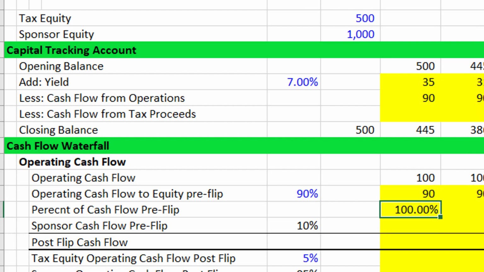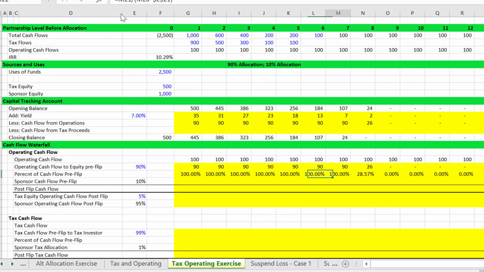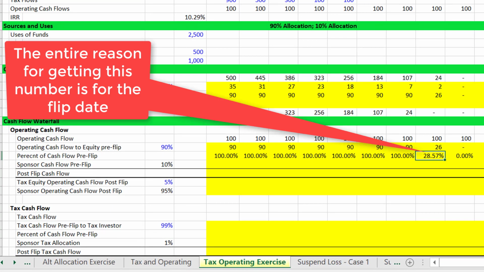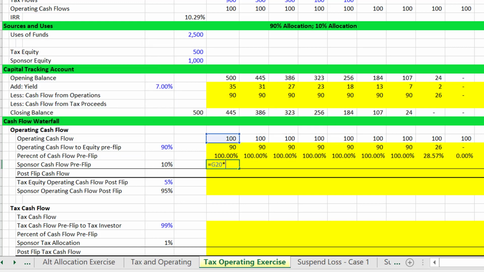Okay? And that gives us a percentage. So in this percentage, only 28% of this period was the pre-flip year. You can do this with any kind of thing. This has so far nothing to do with all this esoteric tax stuff. And then the other person gets this total cash flow. They only get 10% of it.